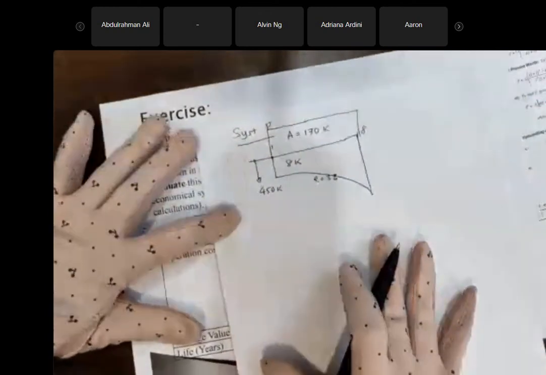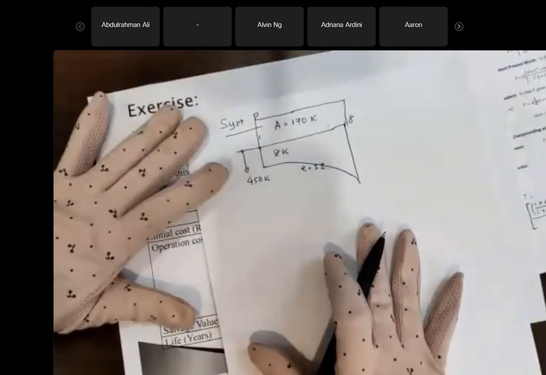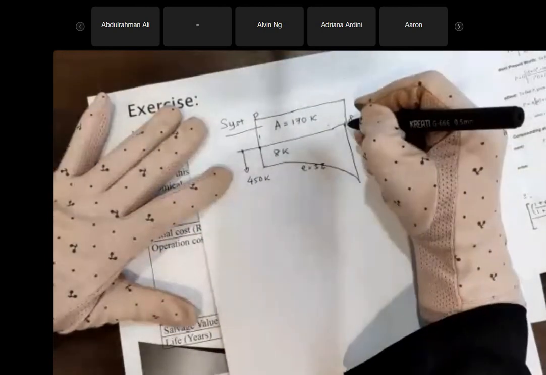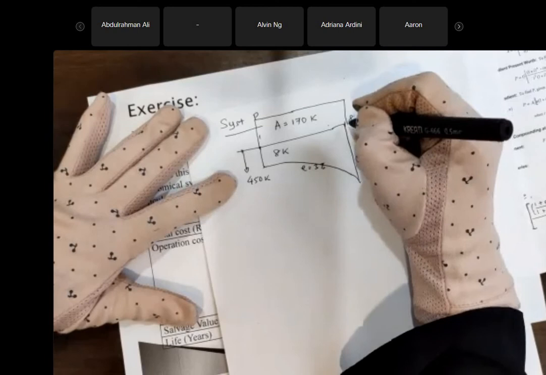Okay, now you have the cash flow for system P. There is also salvage value, which is 15,000.